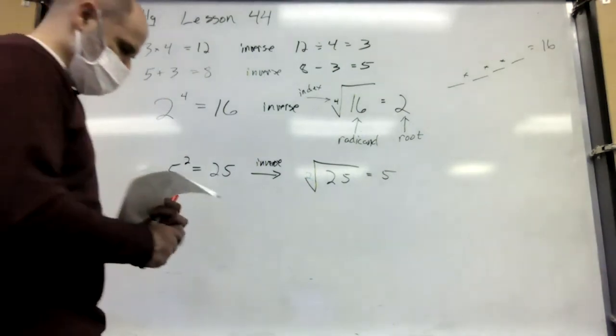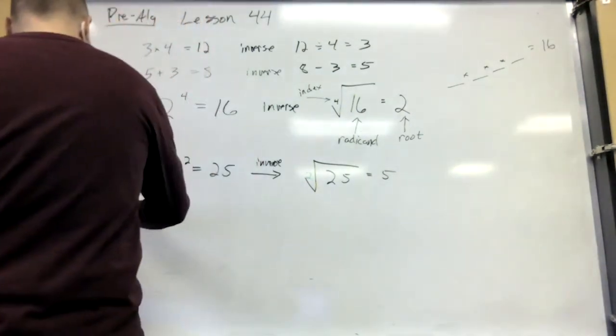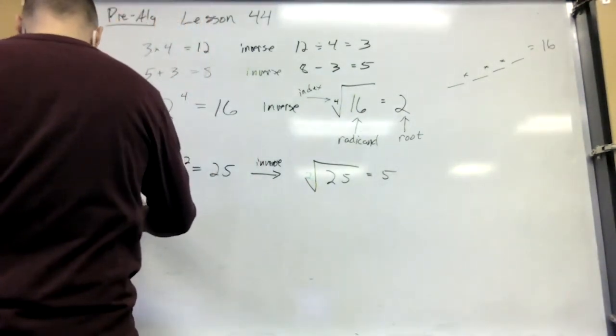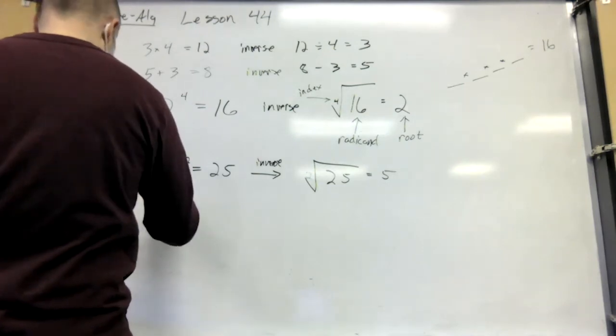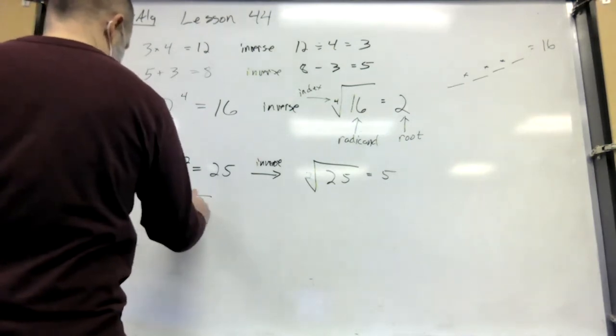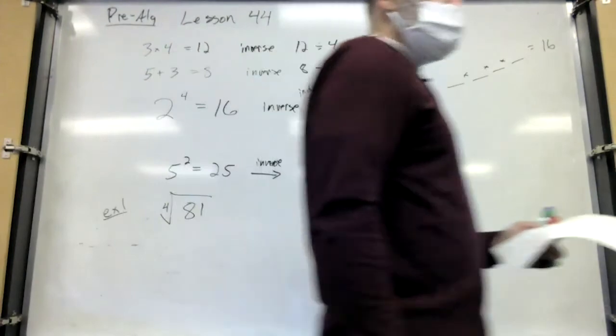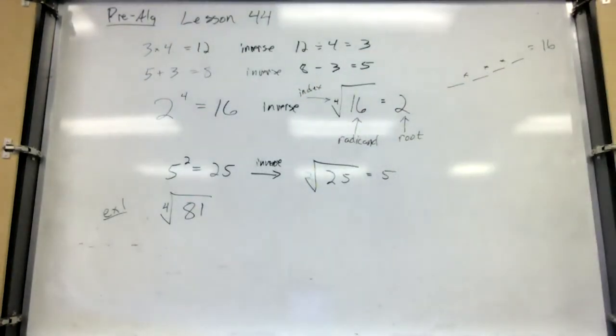What is the 4th root of 81? So what number times itself 4 times equals 81? Not times 4. So the best way to do these, guys, is just trial and error. So pick a number between 1 and 10.